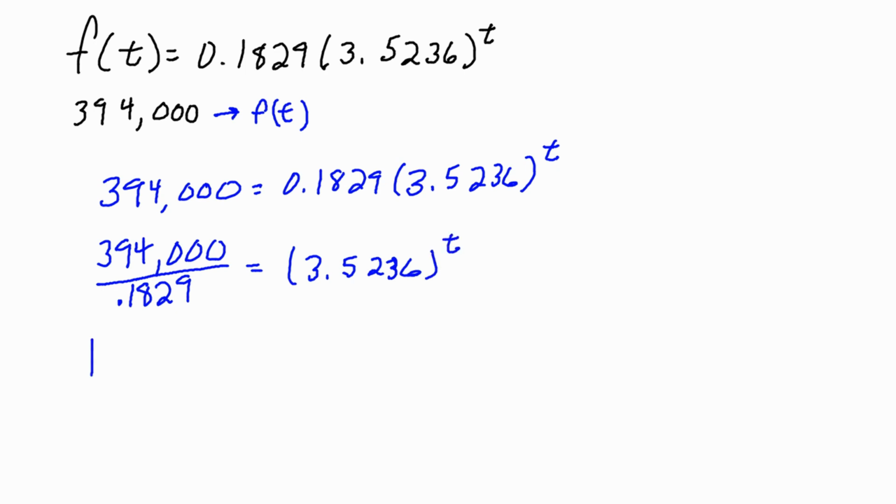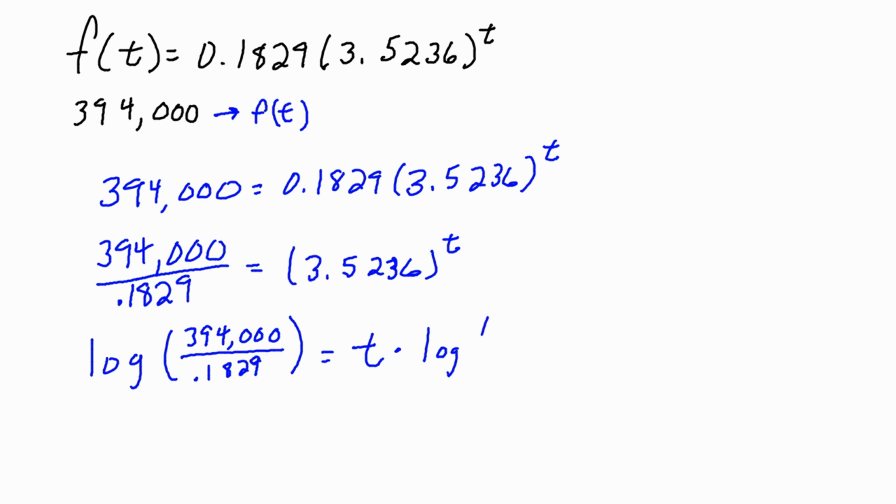Take the log of both sides. Log of 394,000 divided by 0.1829 equals t times log of 3.5236.